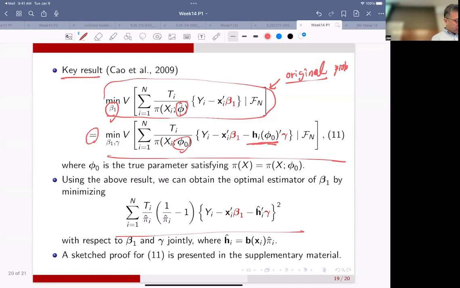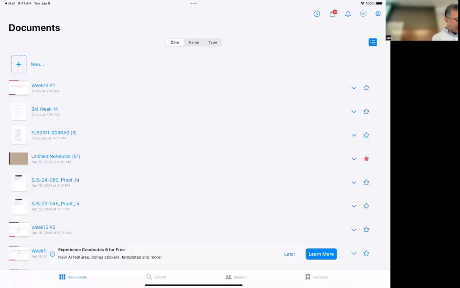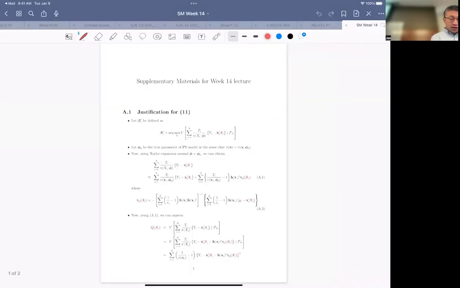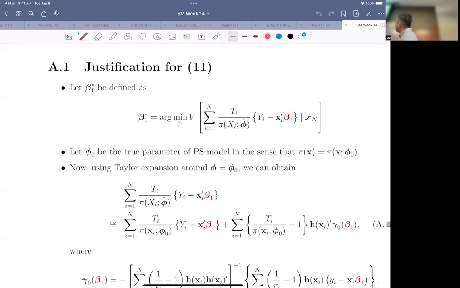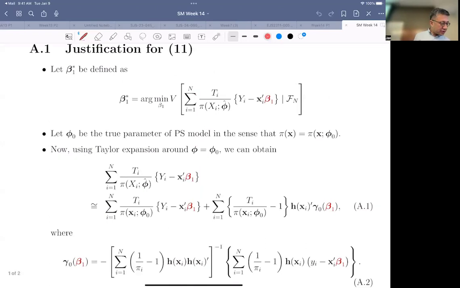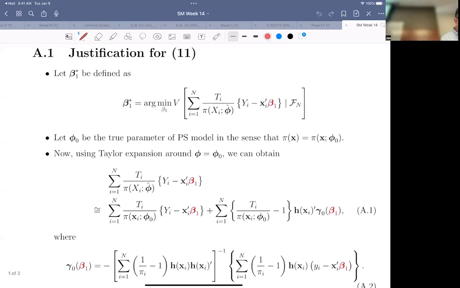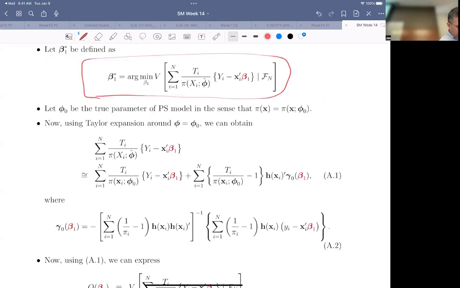And I do have a proof sketched, so I will go over it briefly. This is the original problem. We want to remove the dependency on phi hat, so we want to do a Taylor expansion.